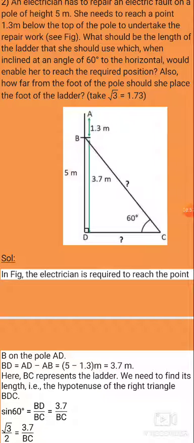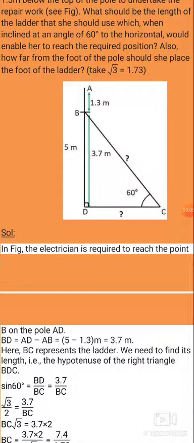So, sine 60, if the acute angle is 60 degrees, BD, the opposite, by BC is equal to sine 60. Substitute BD is equal to 3.7, so 3.7 by BC is equal to sine 60 value, root 3 by 2.